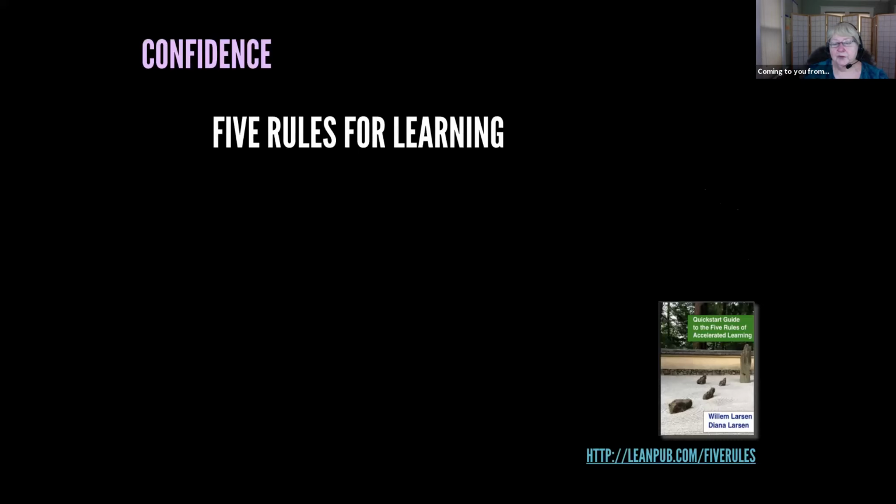Actually, I'm going to do this first. So the point of this is that we really need to sustain the learning. And Willem Larsen and I have written a book called The 5 Rules for Accelerated Learning. And what we have found over time is that if you pay attention to these 5 things, you create a much better environment for learning, whether it's individual learning, small group learning, organizational learning, learning on any scale.